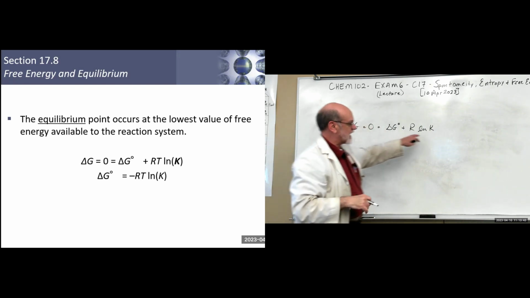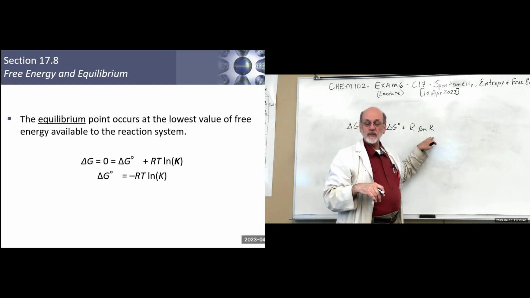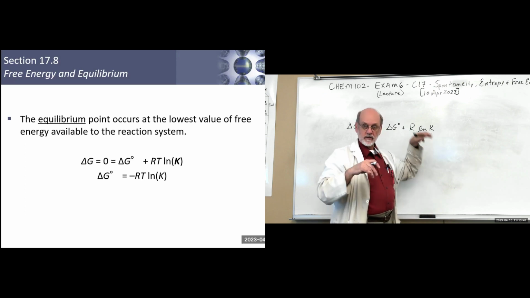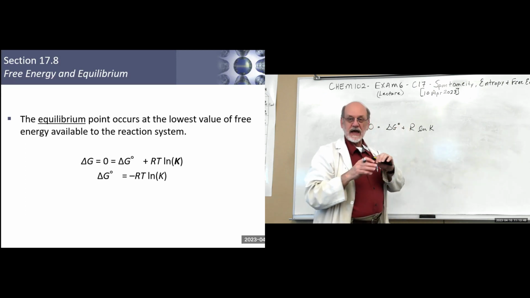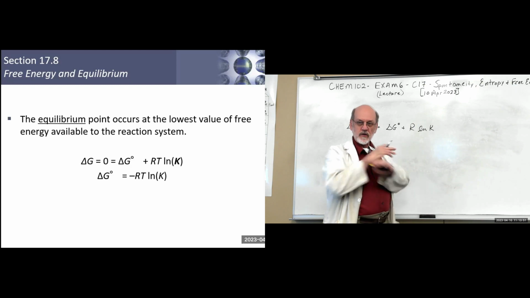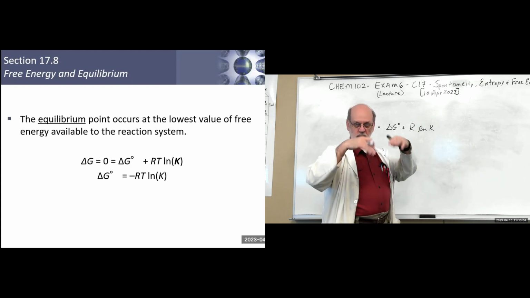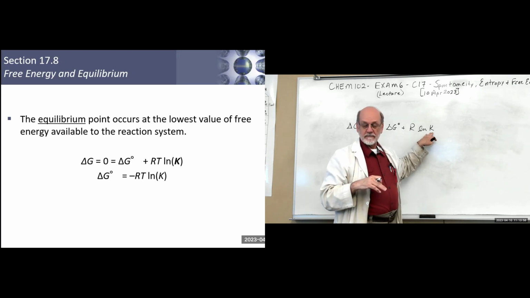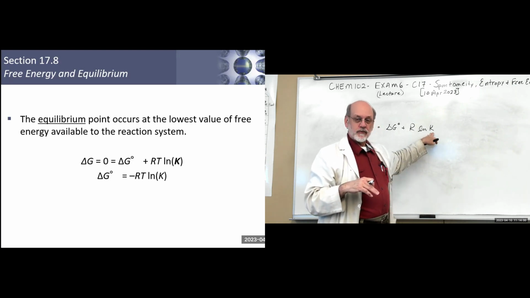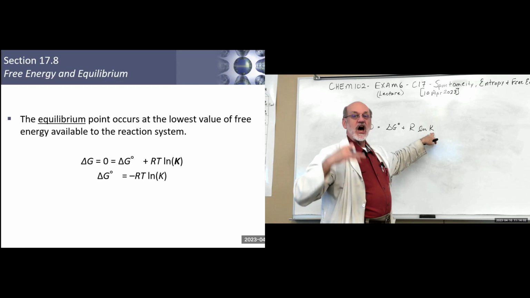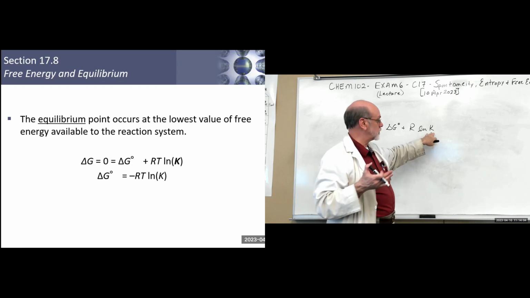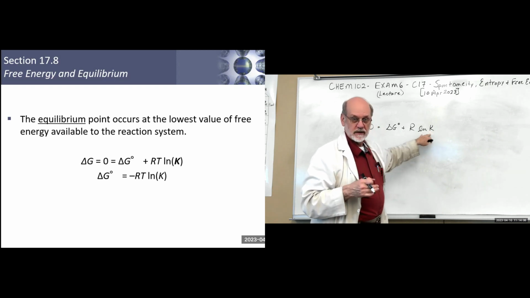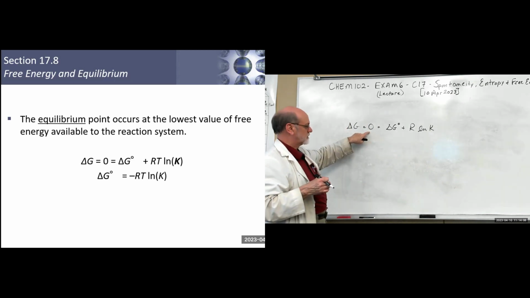The reason we're using K and not Q is because we're at equilibrium, right? We've reached our lowest energy state. Now we have some reactants, some products, and they're going backwards and forwards. And we're at a stable position. That's where we use K. If we're at an unstable situation, a non-equilibrium situation, we would use a Q because we're not at 0.